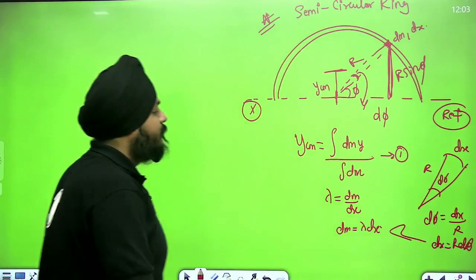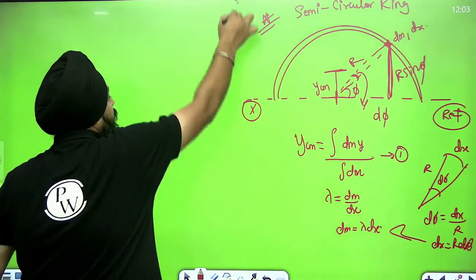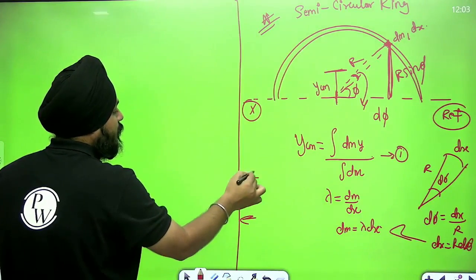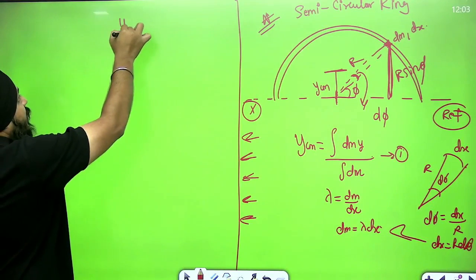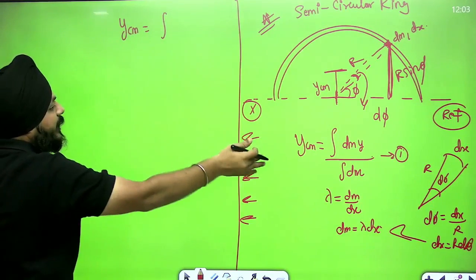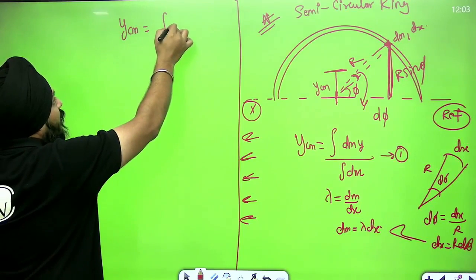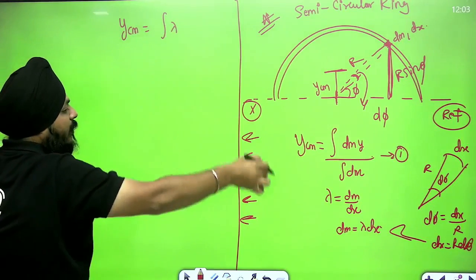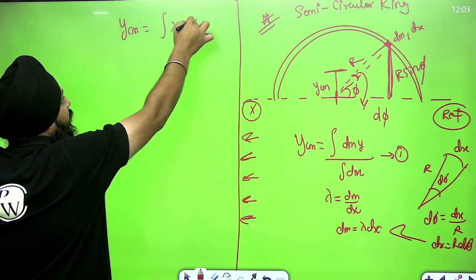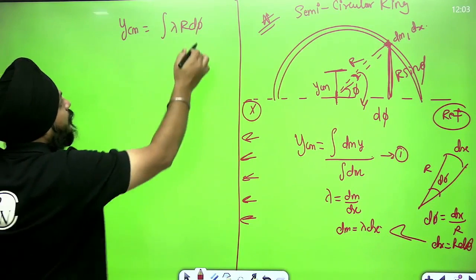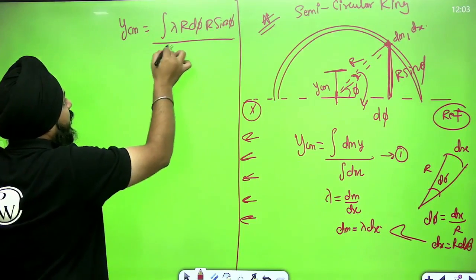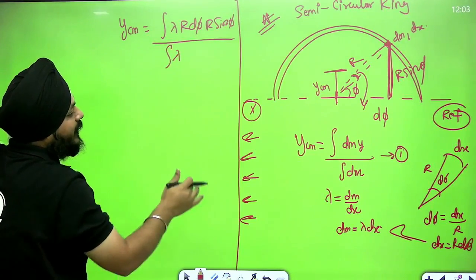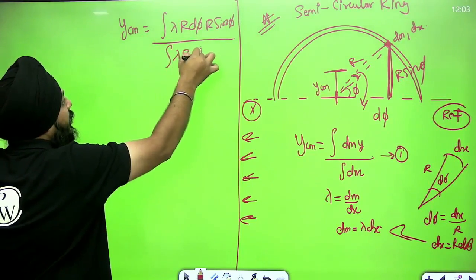Replace it here. Directly we replace into the formula: y center of mass is equal to integration of dm into y. dm is equal to lambda dx, that is lambda r d phi, into y, that is r sine of phi, whole divided by integration of dm, that is lambda r d phi.